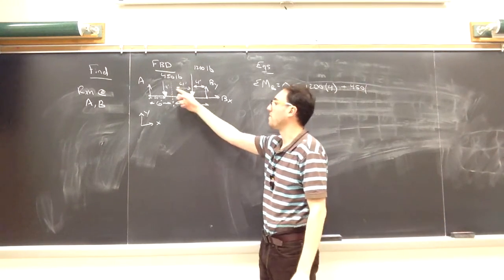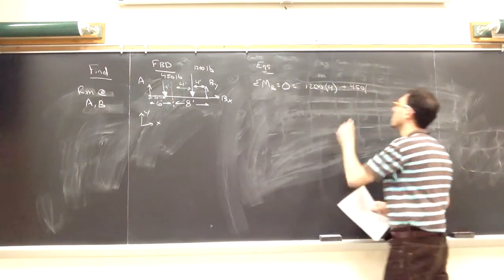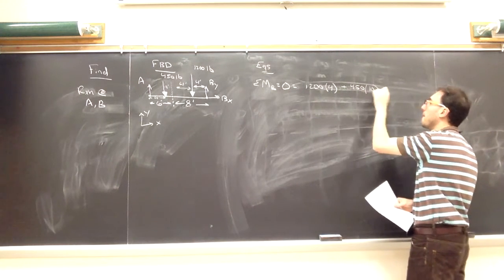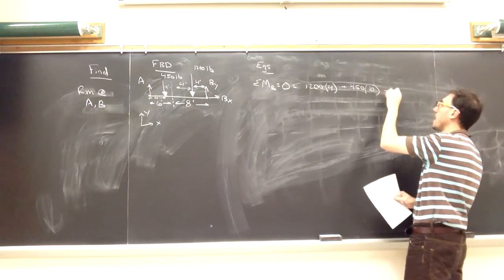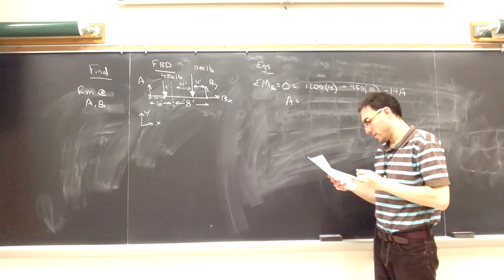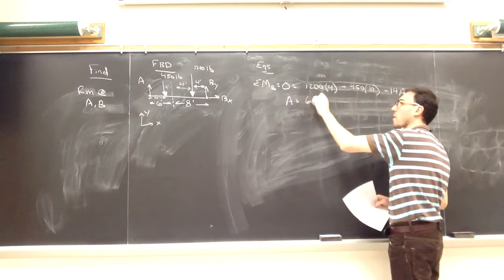And that's going to be 4, 4, and 2, 10 feet from B, minus 14 times A. So I'm going to get A is 664 pounds.